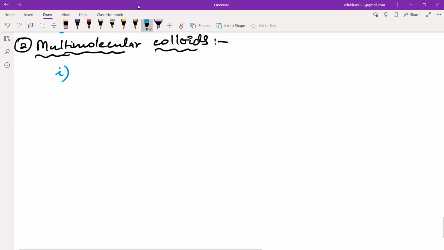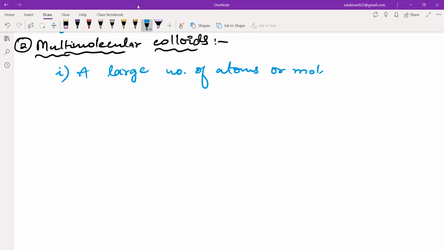So in this type of colloid, there will be a large number of atoms or molecules of a substance.